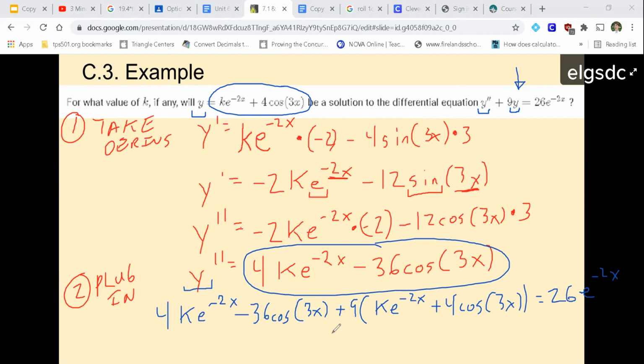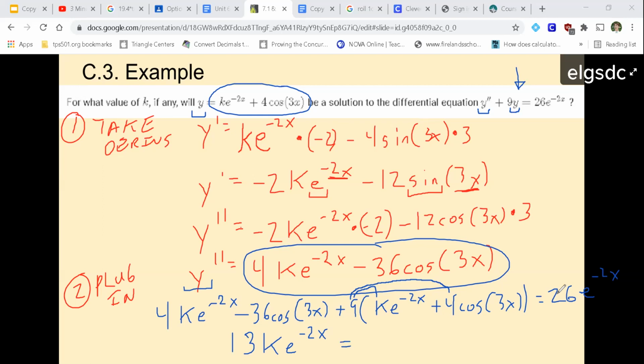All right, if we simplify this, 4k e to the negative 2x plus 9 times k e to the negative 2x is 4 plus 9, which is 13k e to the negative 2x. Negative 36 cosine of 3x plus 9 times 4 cosine of 3x. Well, 9 times 4 is 36, so negative 36 plus 36 cancels out.